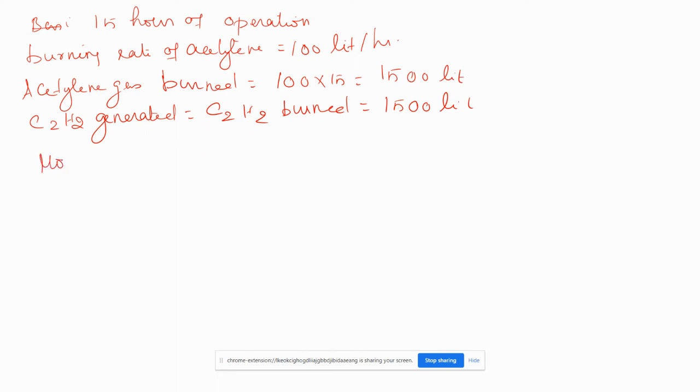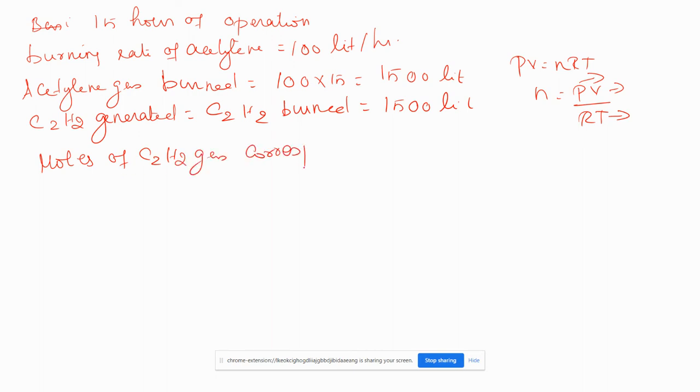So the formula is PV is equal to nRT. So n will be equal to PV by RT for finding the number of moles, because here pressure, temperature and volume, all these we know. So moles of C2H2 gas corresponding to 1500 liters will be equal to PV by RT.